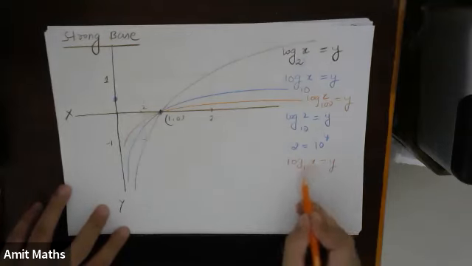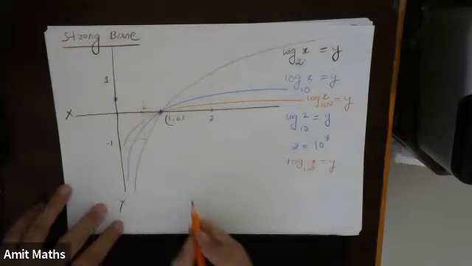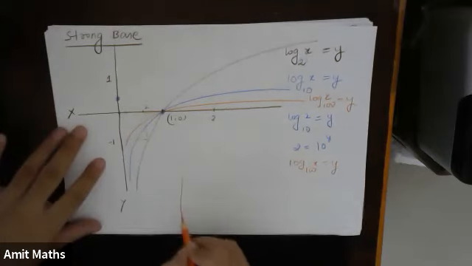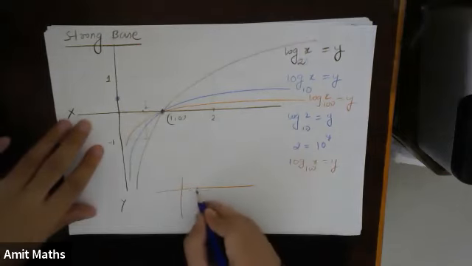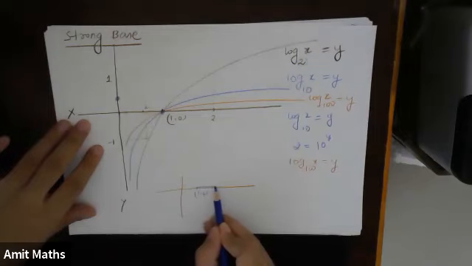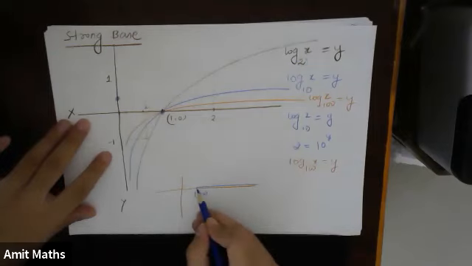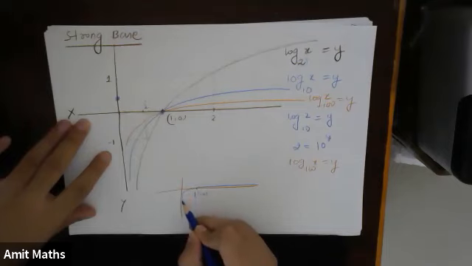If this is very big, almost tending to infinity, the approximate graph will be something like this. This is the x and y axis. This is (1, 0). So the graph will be something like this. Understood?